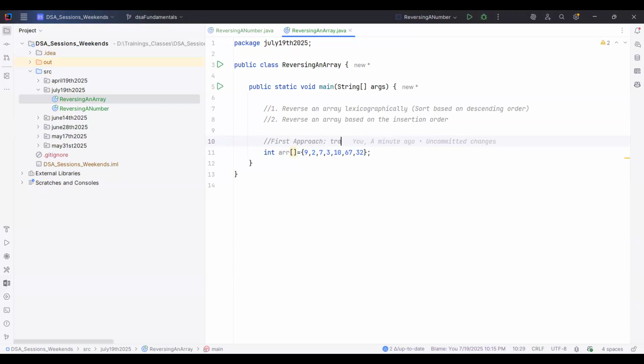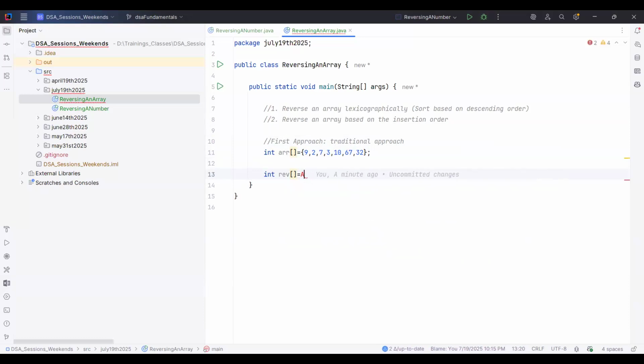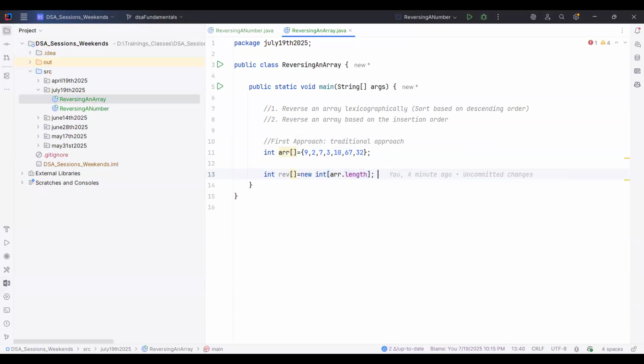Let's see how it works. int ref equal to new int of arr dot length. Clear? Creating another array.